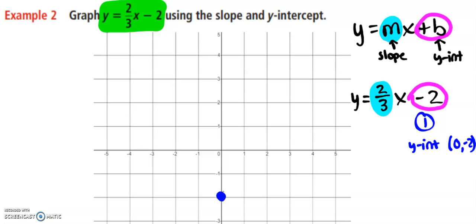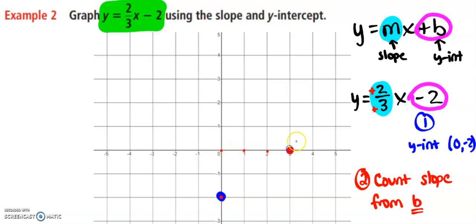And then the second thing you're going to do is count the slope from b, from the y-intercept. So what does that mean? It means you're going to go back to that point you just made, and because these are positive numbers, +2 and +3, you're going to go up, because that's a positive direction, up 2 units, and then right 1, 2, 3, because that would be the positive direction.